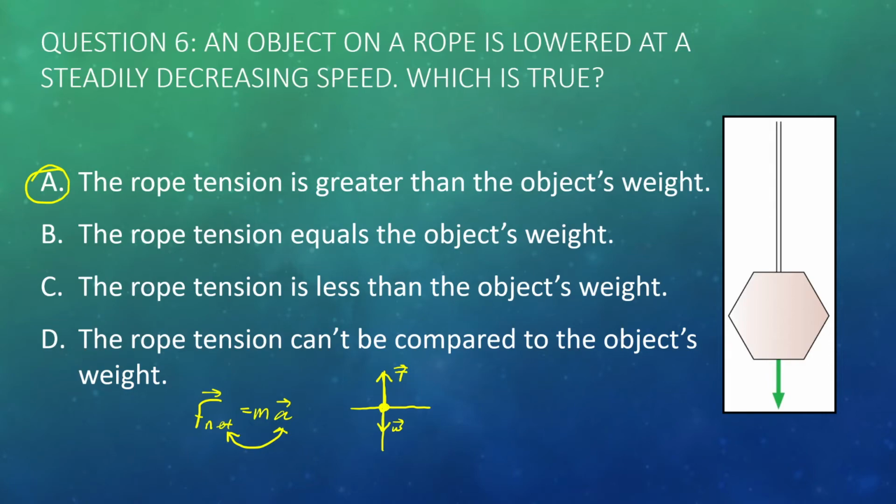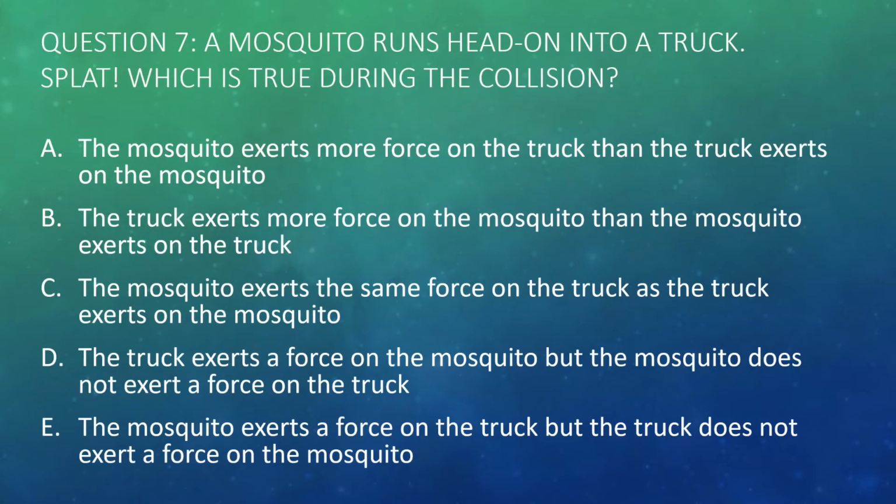All right. On to my favorite question out of the bunch. A mosquito runs head-on into a truck. Splat. Which of the following is true during the collision? In this case, we have to think about Newton's third law.